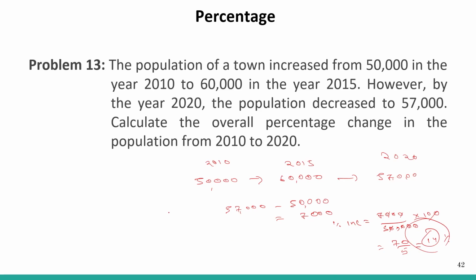Let's also see the percentage change between 2015 and 2020. Between 2015 and 2020, it is 57,000 minus 60,000. So the percentage decrease is equal to the amount of decrease, that is 3,000, by the amount it was initially, that is 60,000, into 100.